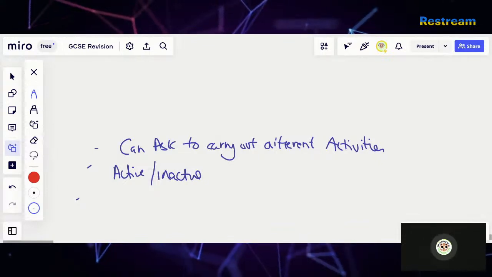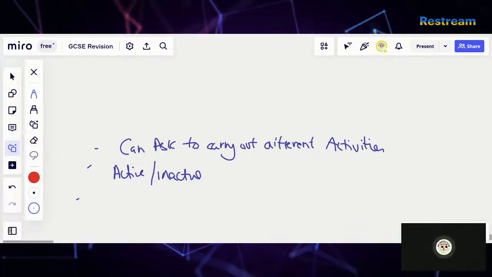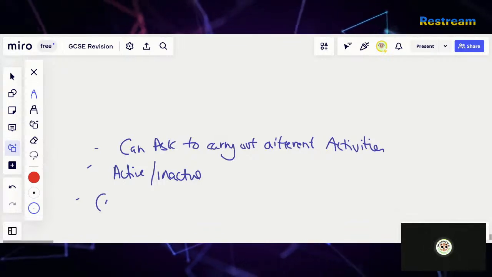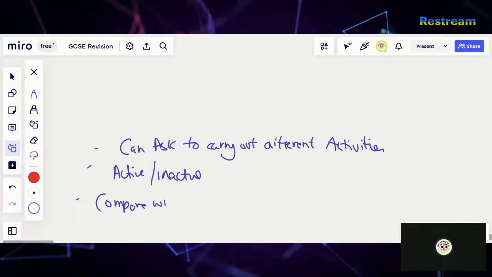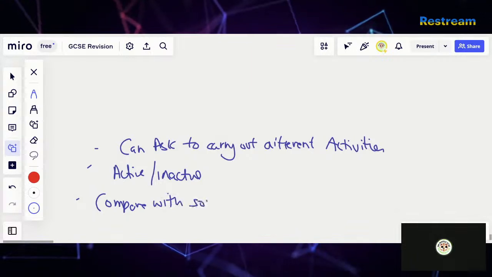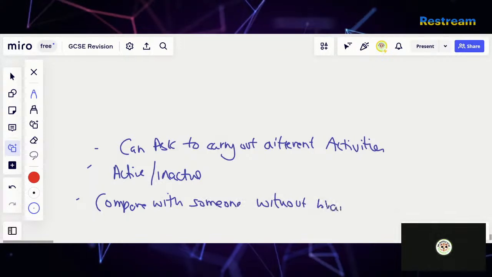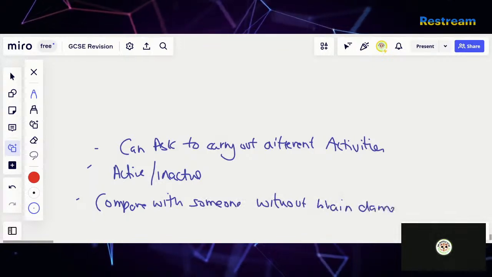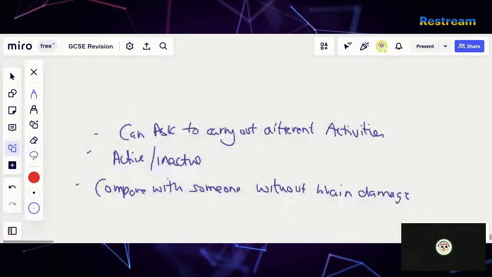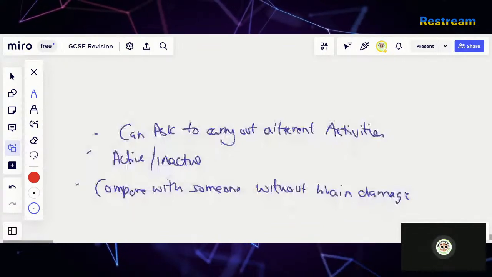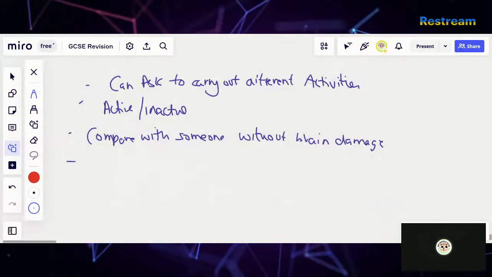This then enables you to compare. You can compare this with a person who doesn't have brain damage. What this then enables you to do is see exactly where the damage is, pinpoint it, and the MRI scan can then be used.